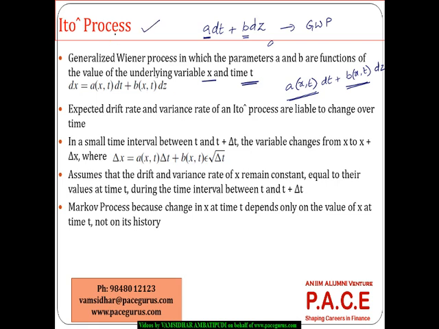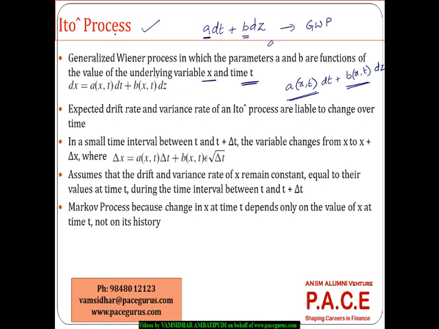We are talking about the drift rate, and the drift in a time period t is not a constant, but follows some kind of function of x and t. Similarly, the variance also follows a similar kind of function of x and t.